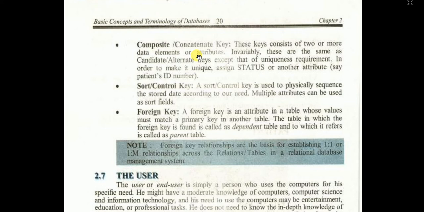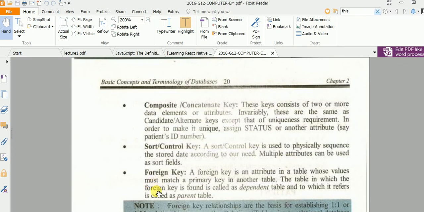So guys, if we are talking about a student's table, and in it we are identifying each record with the roll number and the student name, we are having two keys at a time in a relationship. Then we will say that it is a composite or concatenate key.